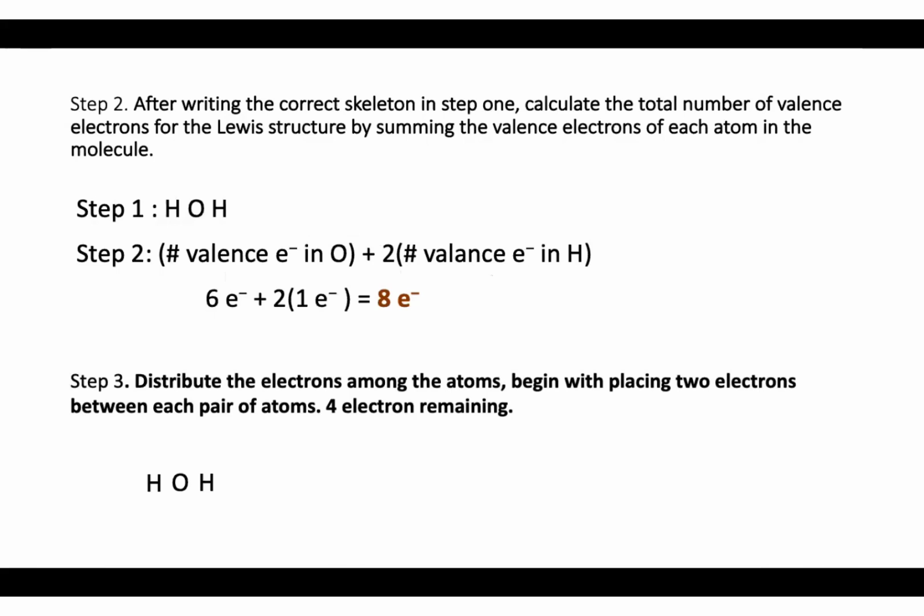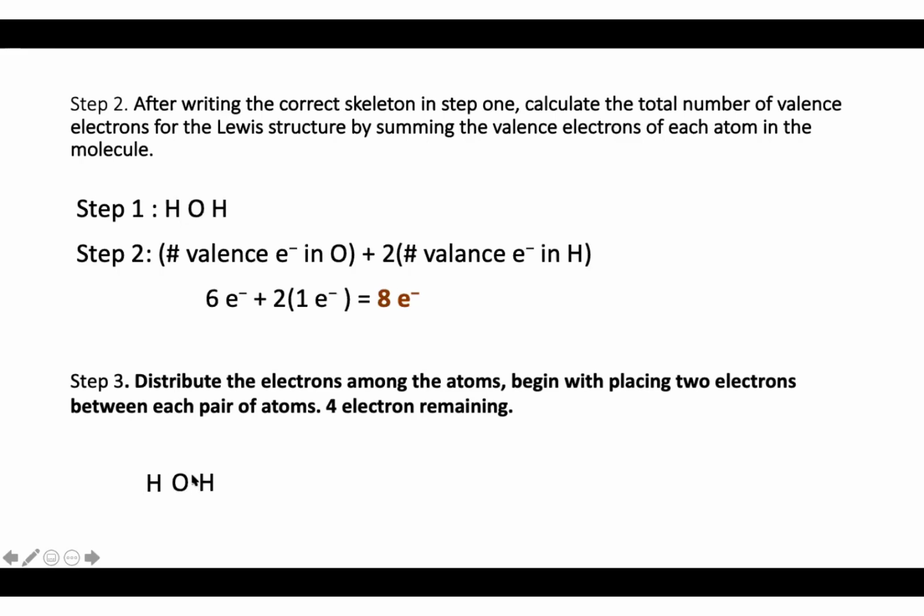Then we should distribute the electrons first between the elements. Here, when I have arranged H2O, I have oxygen in the center because it has the smaller count.